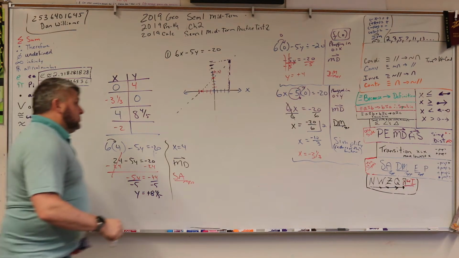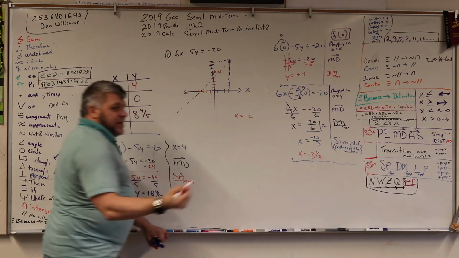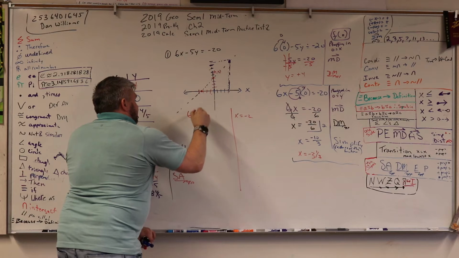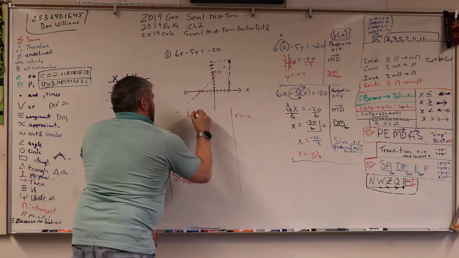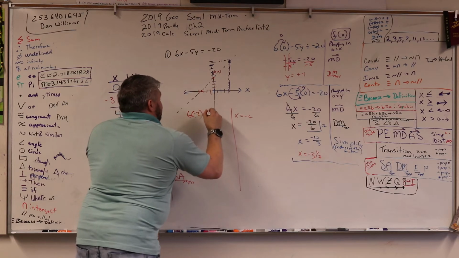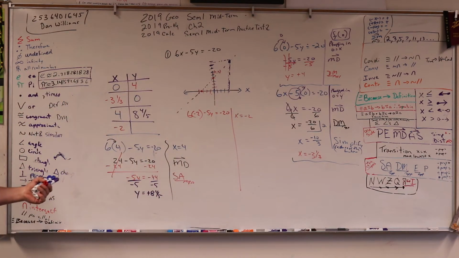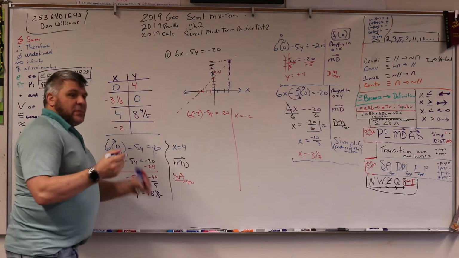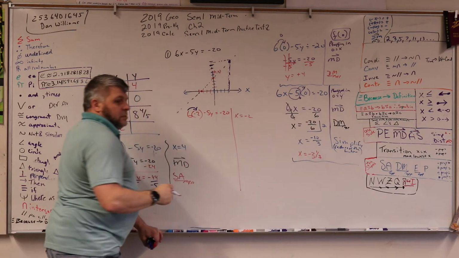Alright, let's do it. So x equals -2, right? That's what you said? Yeah. Alright, so what does that look like? 6 times what? -2. Okay? Minus 5y equals what? -20. So all you're doing is plugging it in. Okay? Then what? You multiply 6 and -2.